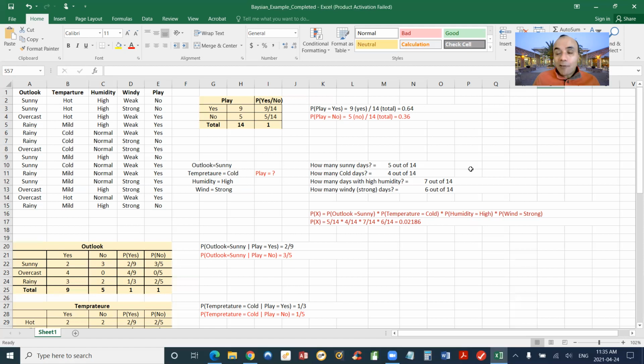We want to actually understand the classification result using a Bayesian technique, a Bayesian classifier. How many sunny days? And the way my human brain actually acted is simple. How many sunny days do I have? I have 5 out of 14. So 1, 2, 3, 4, and 5. How many cold days do I have? I have 3 here, 4, and that's it.